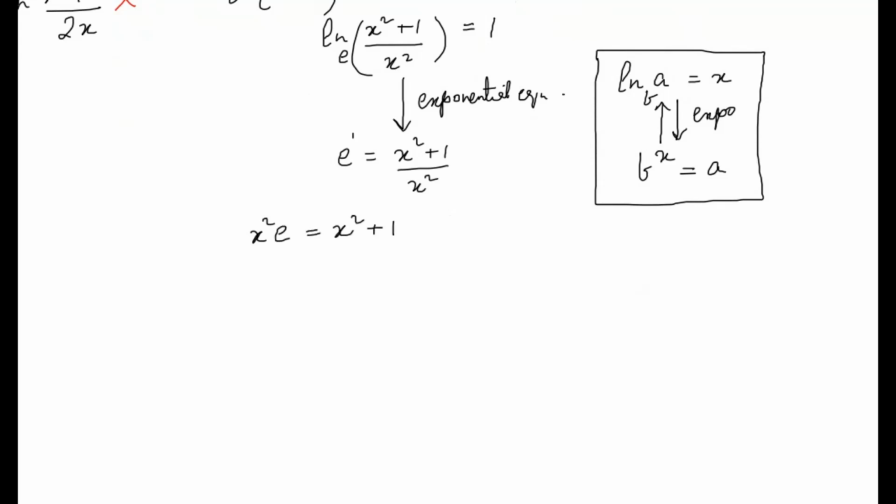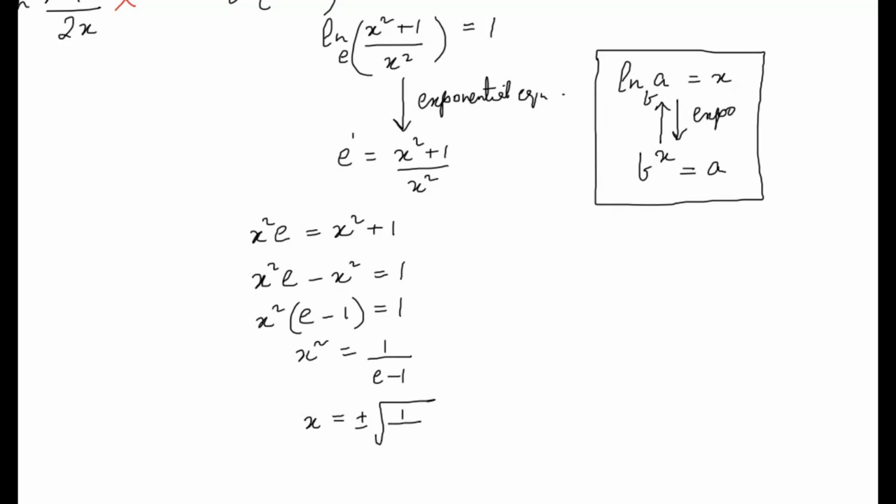I want to make x the subject since I'm solving for x. So bring all the x squared terms to one side. Factorize the x squared out so that you can isolate it. So e minus 1 in the bracket. And then x squared is equal to 1 by (e minus 1), which means that we square root both sides to get x is equal to plus minus root of 1 over (e minus 1).